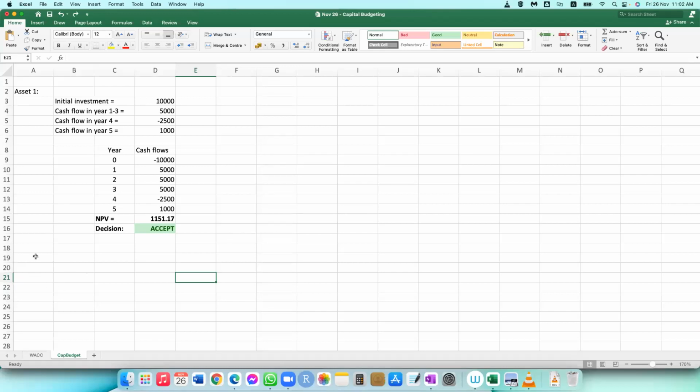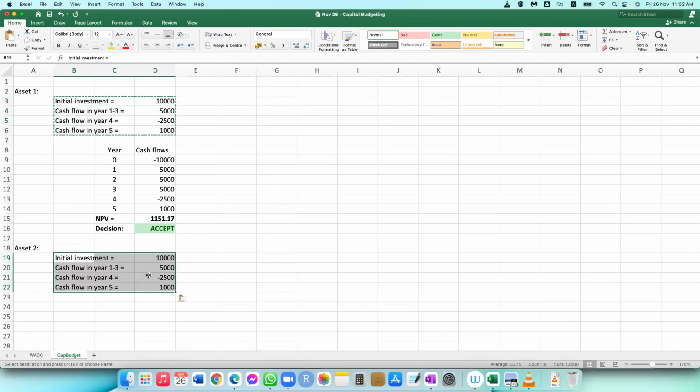Okay, now let us do something additional. Let us think about another asset having the following cash flows. Let me copy and change rather than writing again and again.